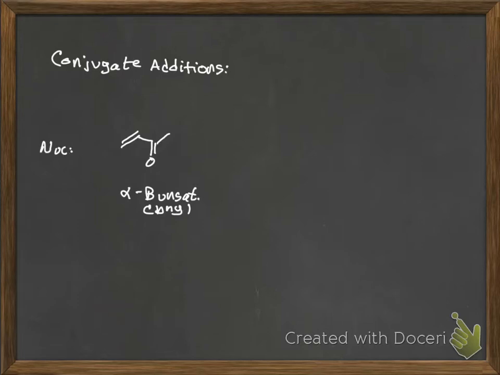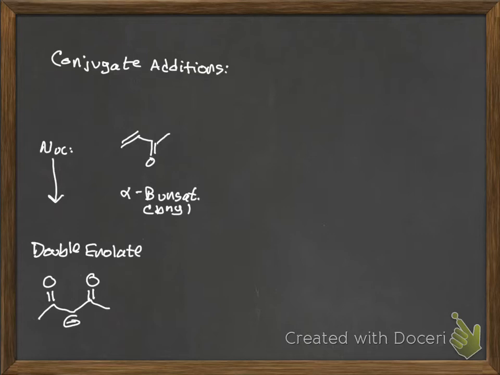The nucleophile, which most often is a double enolate. And what that means is something that looks like this, where the negative charge can resonate through the two carbonyls equally, a double enolate.